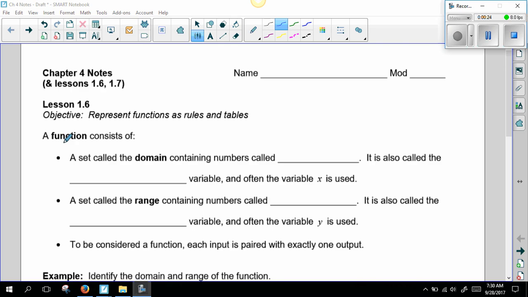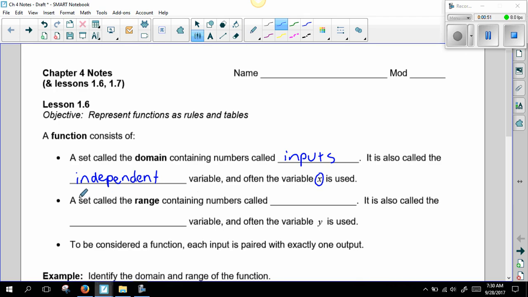A function consists of a set called the domain containing numbers called inputs. It is also called the independent variable, and often the variable x is used.